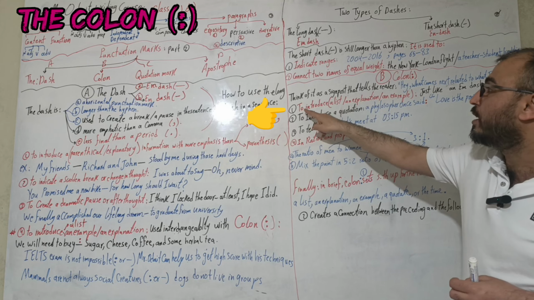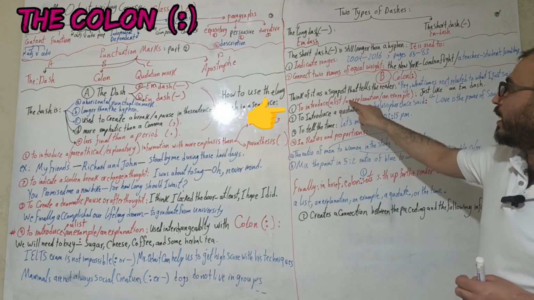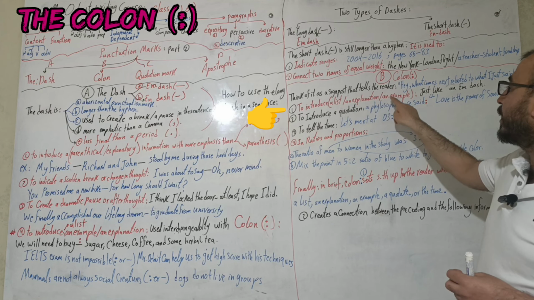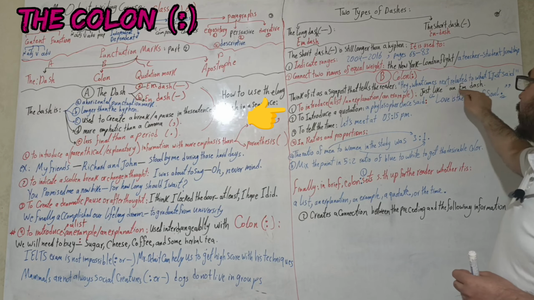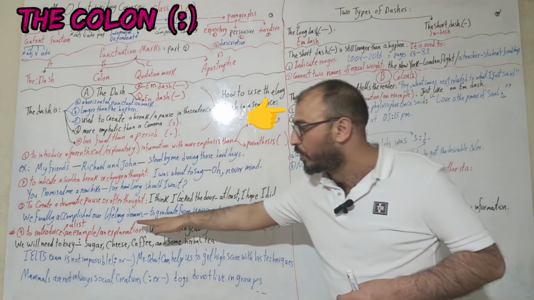The first one is to introduce a list, an example or an explanation, just like the EM dash as we talked here before. And as we said, my friends, in the class discussing compound sentences, the second use for the colon is to introduce a quotation.